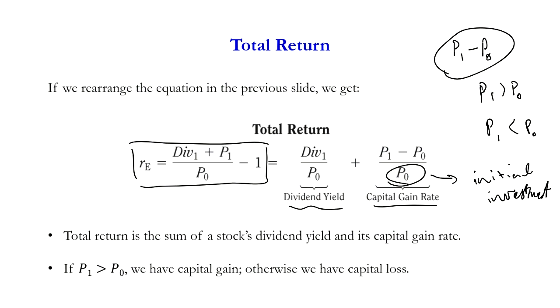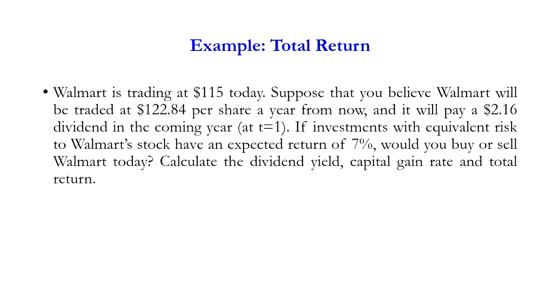Now let's solve an example about total return. In this example, we have Walmart. Walmart is trading at $115 today. This is the observed market price today. Suppose that you believe Walmart will be trading at $122.84 per share a year from now.